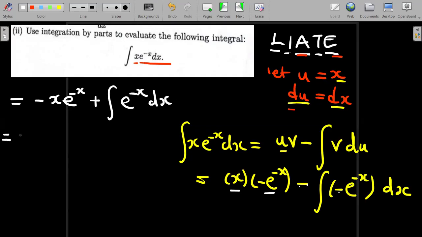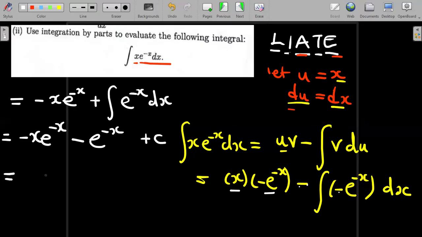I can integrate this part here. When I integrate, just like we did before, we'll just get negative e to the negative x, then plus our constant c.